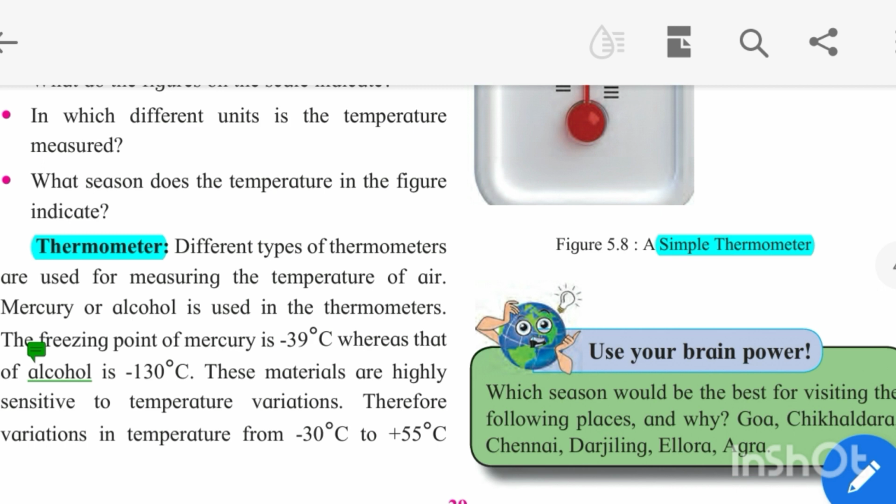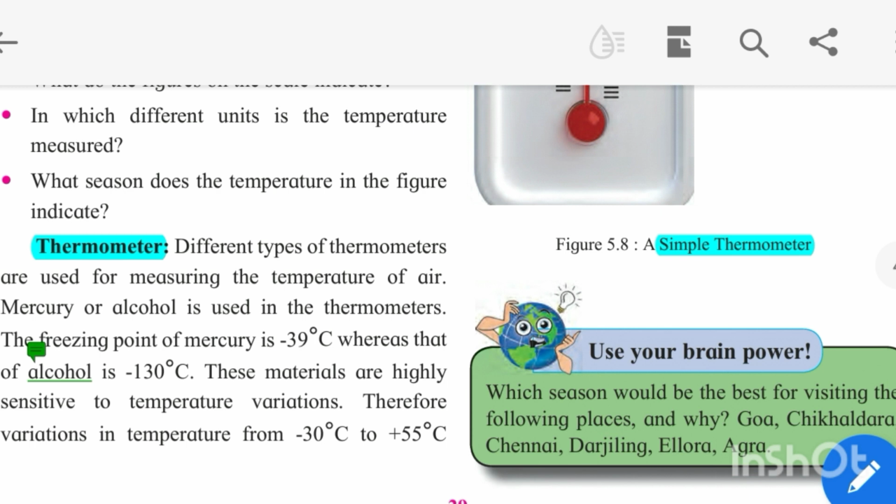Most of the time the alcohol is not frozen, whenever people buy alcohol from any shop. But in the case of mercury, it requires just minus 39 degrees Celsius to freeze. So mercury can freeze much earlier as compared to alcohol. Alcohol takes a lot of time to freeze.